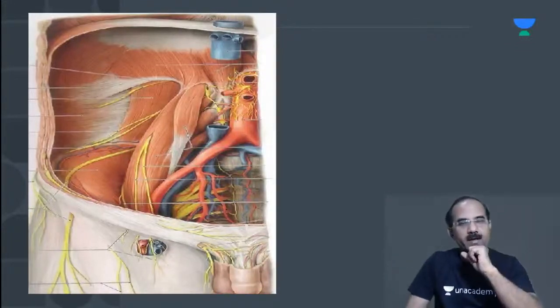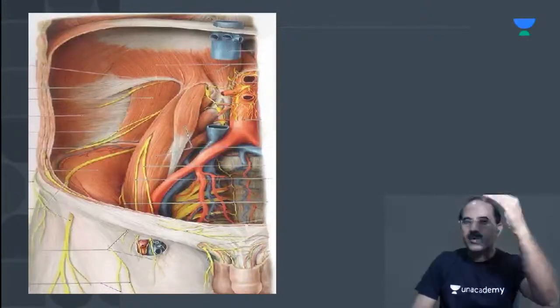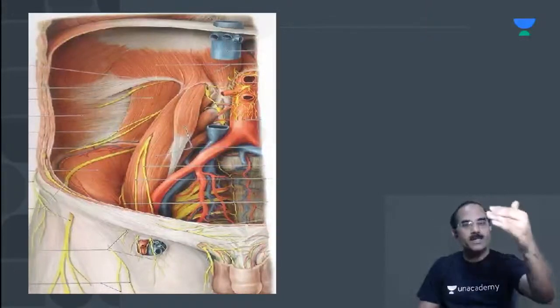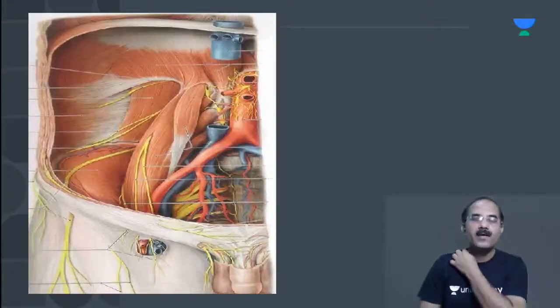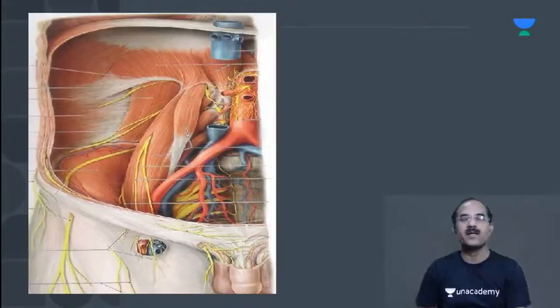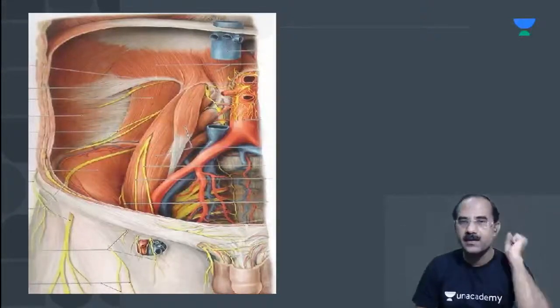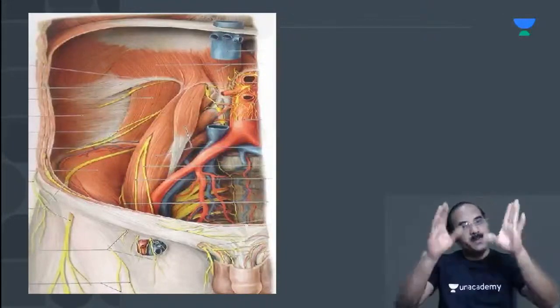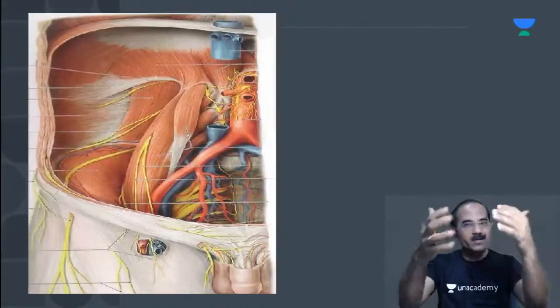Now that's fine, but some fibers do not relay in the ganglions. The ones which do not relay in the sympathetic ganglions emerge out as the splanchnic nerves. So these would be preganglionic fibers only, because they have not relayed in the ganglions.